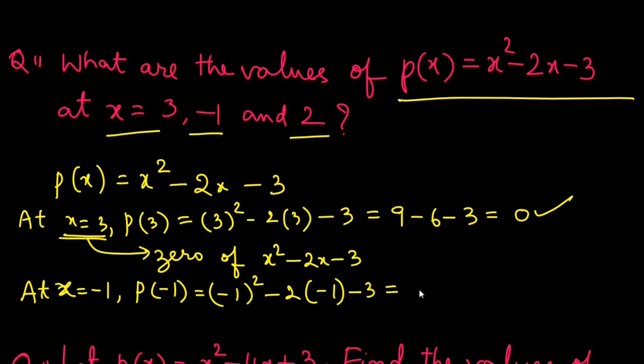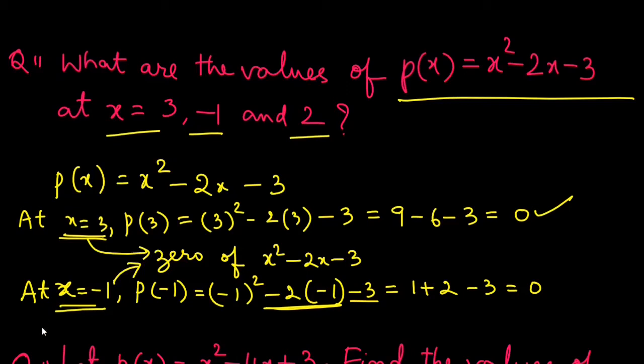Minus 1 whole square is 1, minus 2 into minus 1 is plus 2, then minus 3. 1 plus 2 is 3, 3 minus 3 is 0. So here also we got the value of the polynomial as 0. So x equal to minus 1 is called 0.